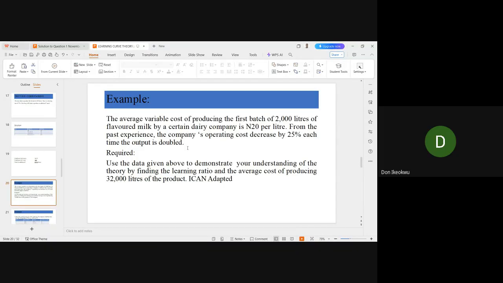The figure you got at 75, you multiply by 75% again, and the 8th time you should be getting 56.25. Then at 32,000 liters you should be getting 42.18 as the average. It's similar to the question we just solved.